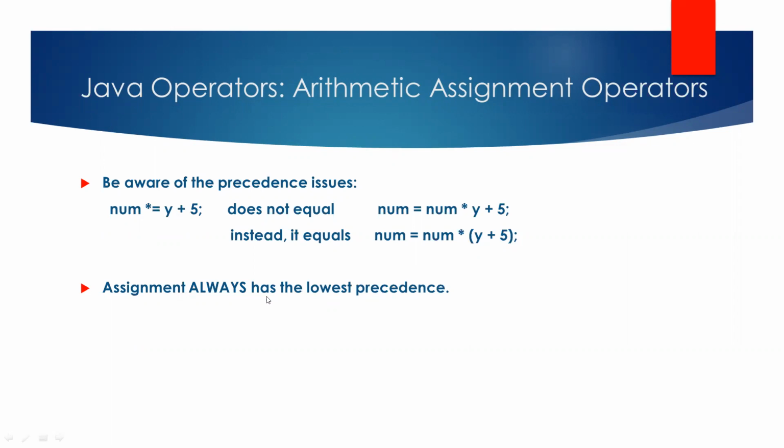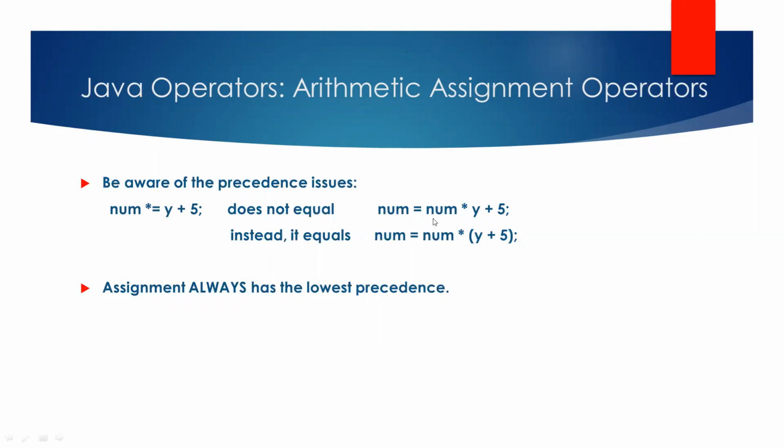And assignment always has the lowest precedence. What do we mean by precedence? Precedence means the order of execution of the operators. So these are all operators: equal, multiplication, plus. The equal is called the assignment operator, so it has the lowest precedence. It will be evaluated at the very last.